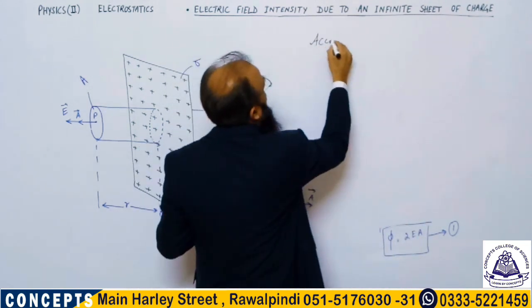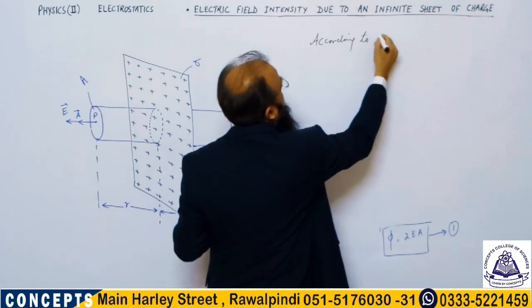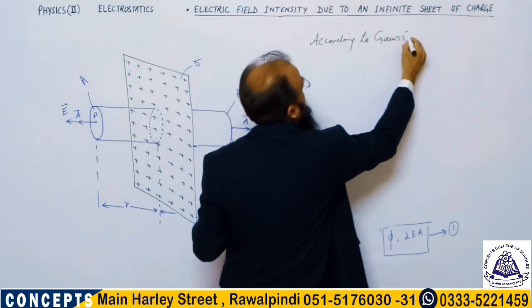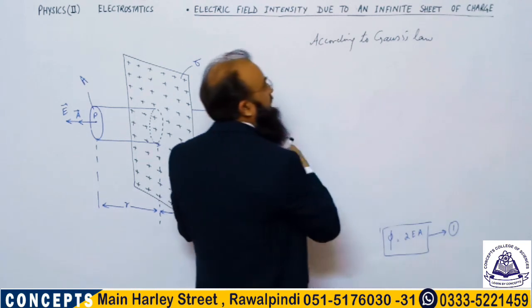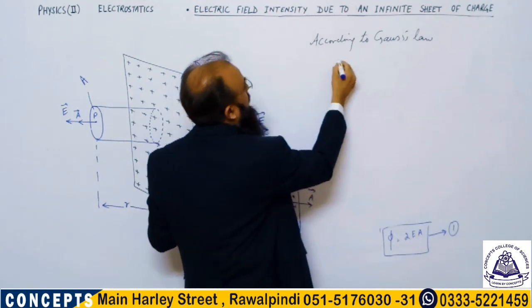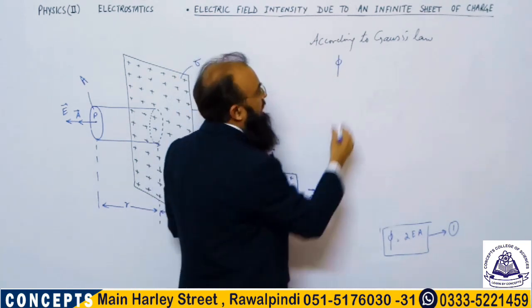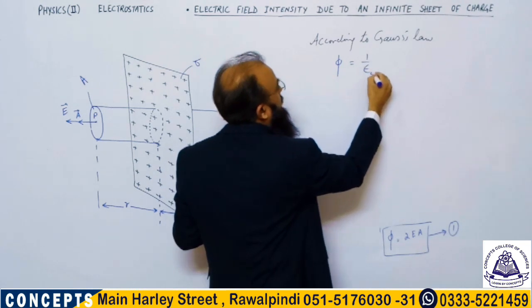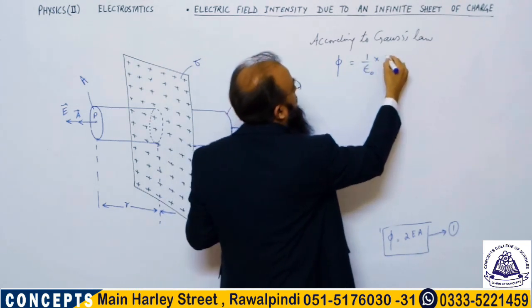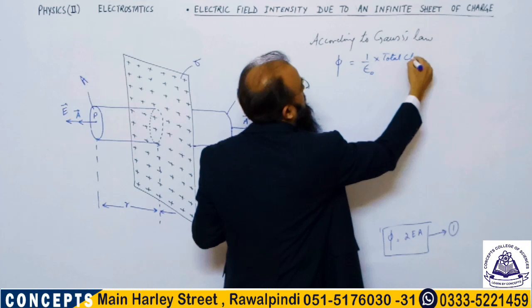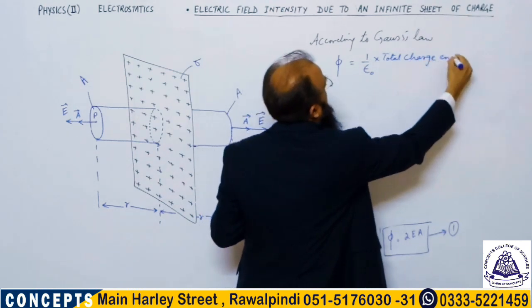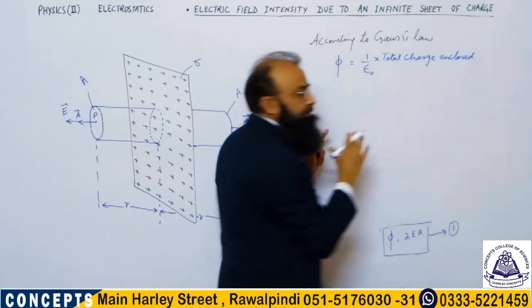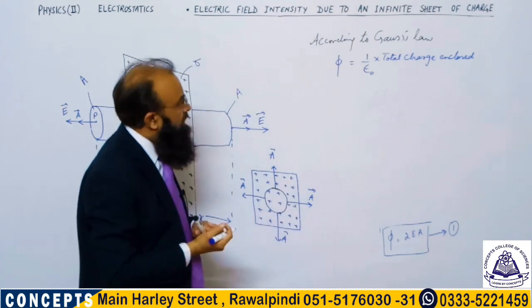Now according to Gauss's law, electric flux through a closed surface is equal to 1 over epsilon naught times the total charge enclosed by that surface.